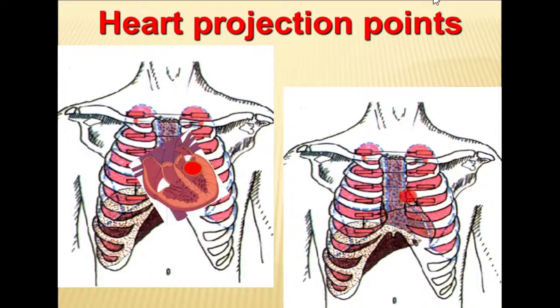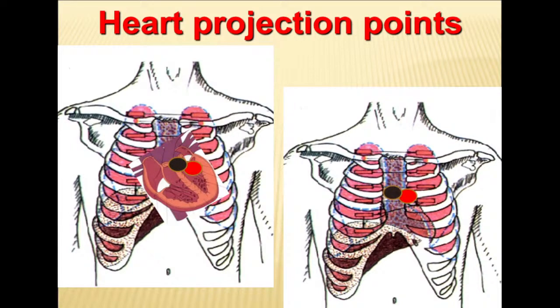If we are talking about the mitral valve, which separates the left atrium from the left ventricle, it's projected on the junction of the third rib to the left edge of sternum. That is the anatomic position of the mitral valve.